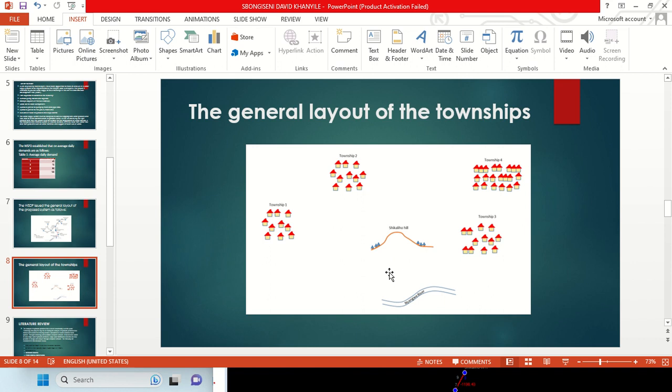And in the center is a hill, which will make it very challenging, so we need to take that into consideration, since we need to consider the flow of the water and also make sure that there is no obstruction to the flow or the process of getting the water to the community.